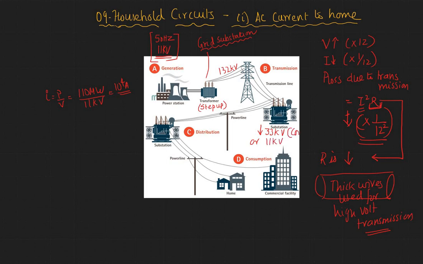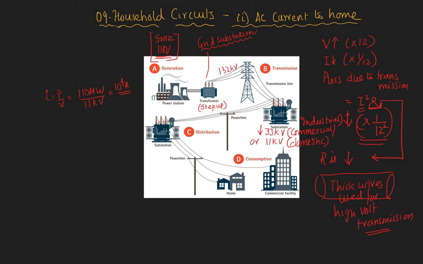If it is for a commercial or industrial area, you have 33 kilovolt. But if it is for domestic use or a township, etc., that's brought down to about 11 kilovolt.